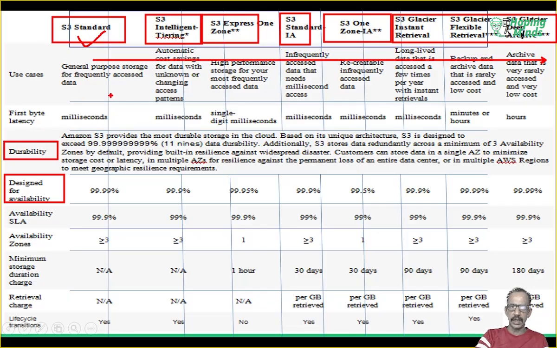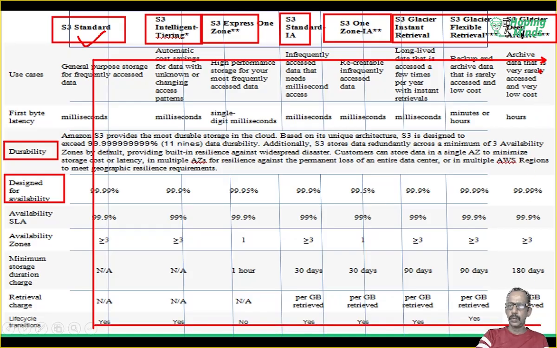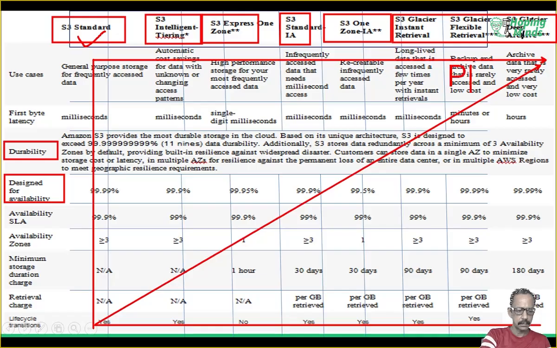If we draw a chart here, price and timing, we write here price increases, and this is the access time decreases. Here access time is less.